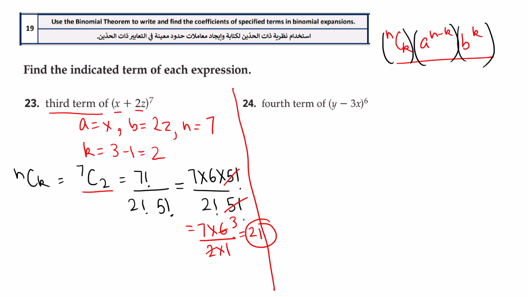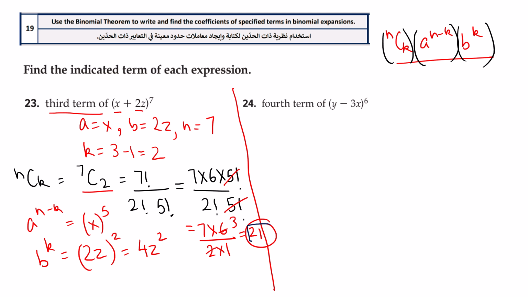Now let's calculate a to the power n minus k. So this is x to the power n minus k, meaning 7 minus 2, which is 5. And b to the power k is the second term, 2z to the power 2, so this is going to be 4z squared. Now just multiply all these 3 together.